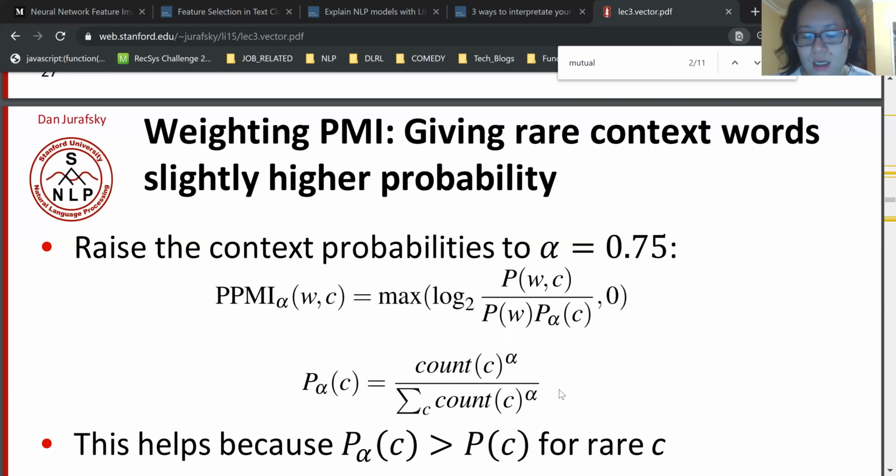So therefore, milk is related to cream, let's say. It's also related to cheese, right? And so let's say milk and cheese have a PMI of 0.7, and then milk and cream have a PMI of 0.8.